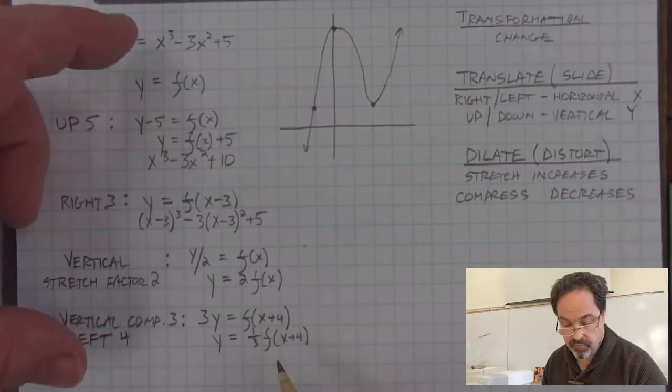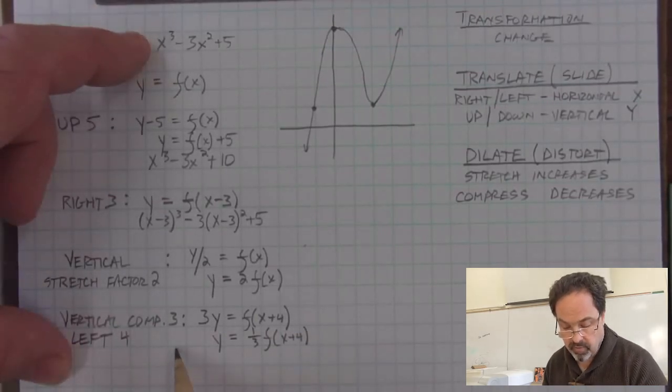Taking the expression for f, that would then be 1/3 times the entire expression that I'll put into large parentheses. But I also need to add 4 to x before cubing and before squaring.